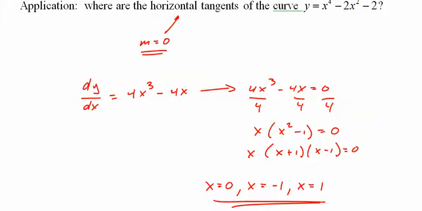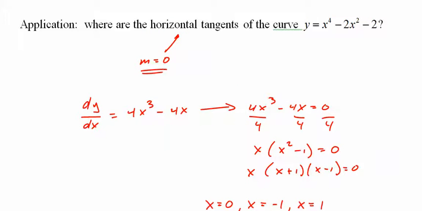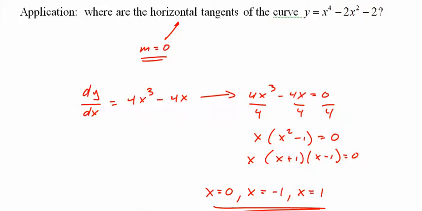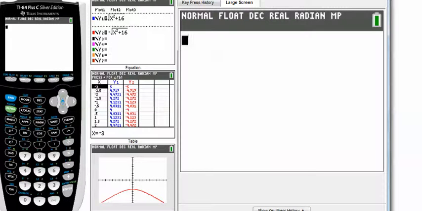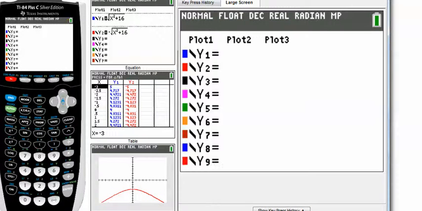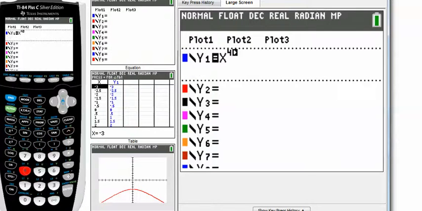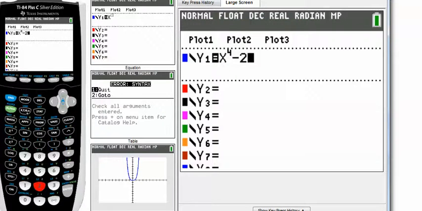So, horizontal tangents, huh? That means we can graph this and find it. x to the fourth minus 2x squared minus 2. I always do that. x to the fourth minus 2x squared minus 1.